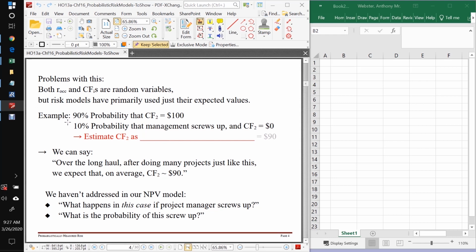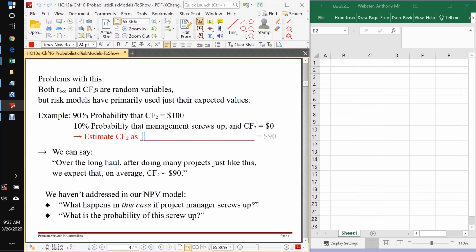So, for example, if we were looking at stupid manager or project-specific risk, we would say something like we felt there was a 90% probability that a promised cash flow in 2 years was going to be 100, but in our view, there was a 10% probability that the management would screw up, and we would get, in this case, nothing.